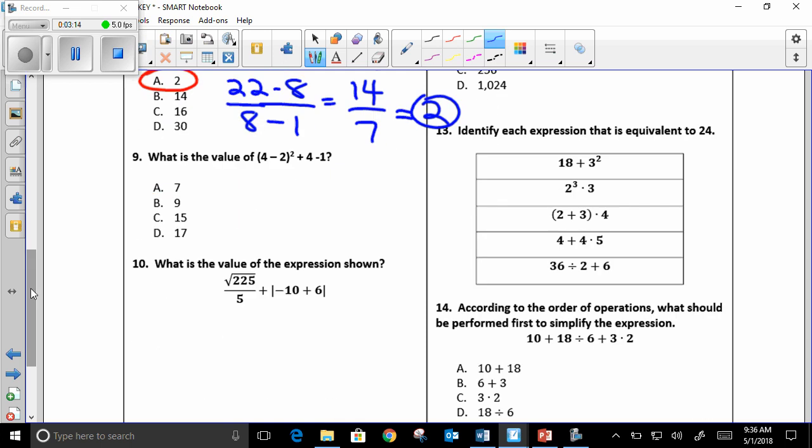All right, number 9. Yes, what did you get? A is correct. So when you solve this problem, you're going to solve parentheses first.